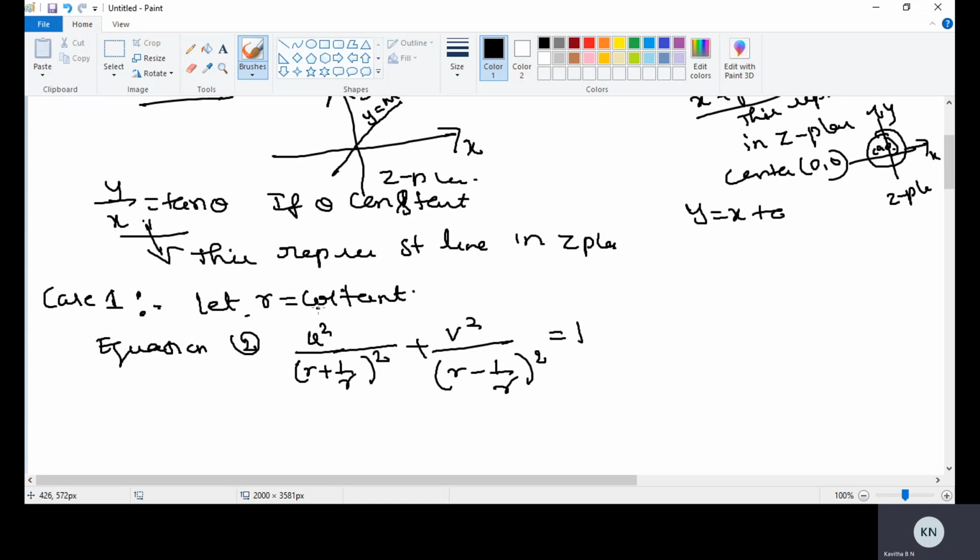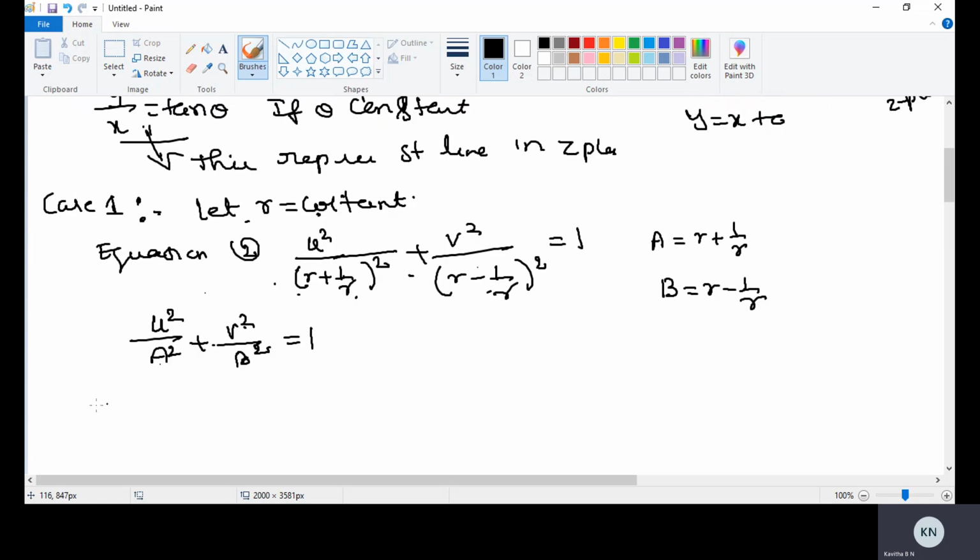Let r be constant. Here a is equal to r plus 1 by r and b is equal to r minus 1 by r.